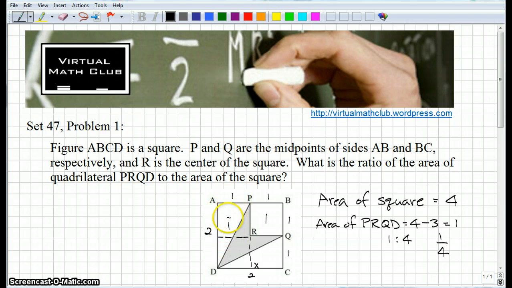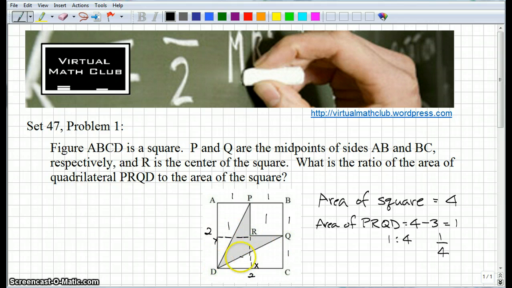You see, you can either do one half base times height, or you can just recognize that this triangle is half of an area that's 2 square units, okay? The same way with this triangle as well. It's half of this quadrilateral, let's say we call this Y, then it would be the quadrilateral YQCD.